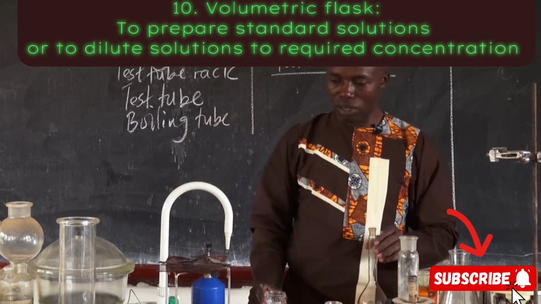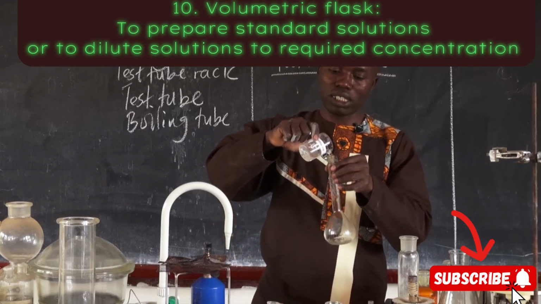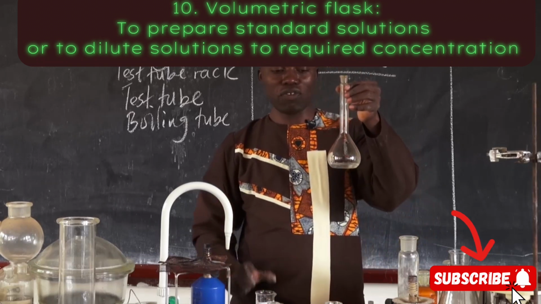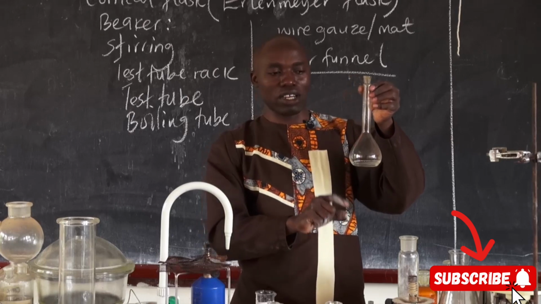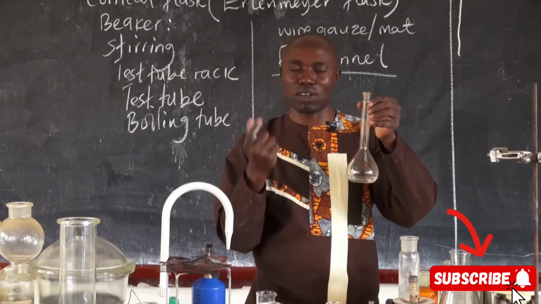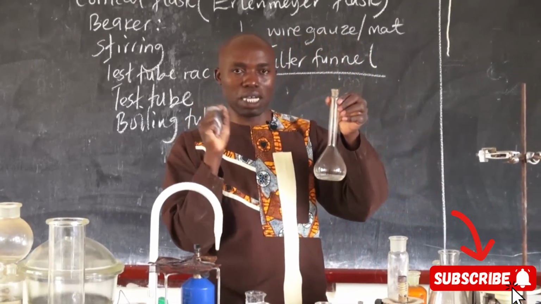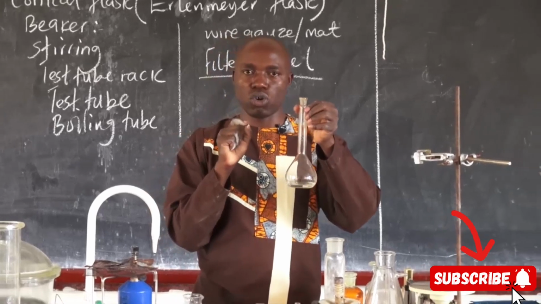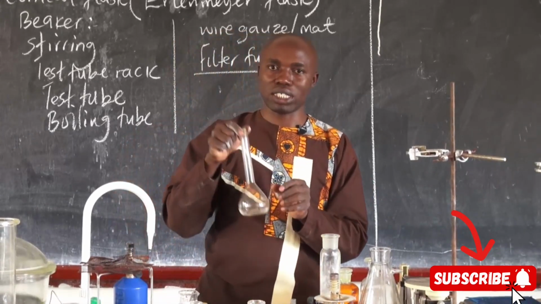So normally when you are filling this, if I had a chemical substance inside here, and maybe it's an acid and I wanted to dilute it, I can use this volumetric flask to dilute to a particular concentration after making suitable calculations.